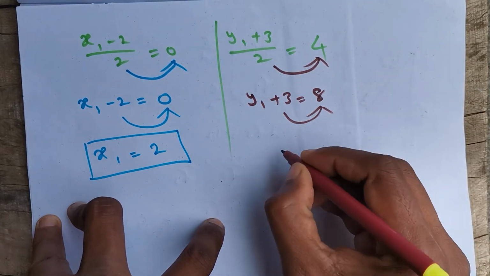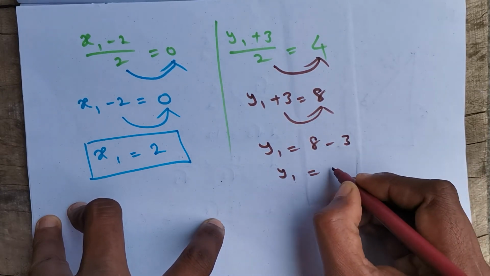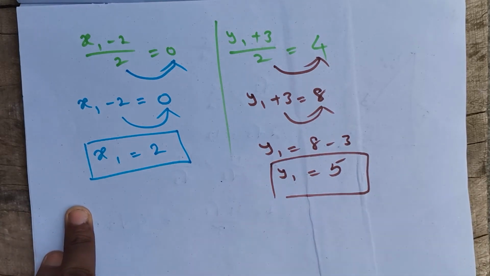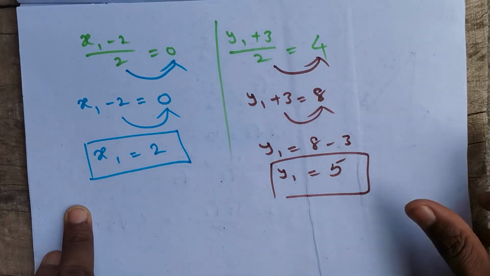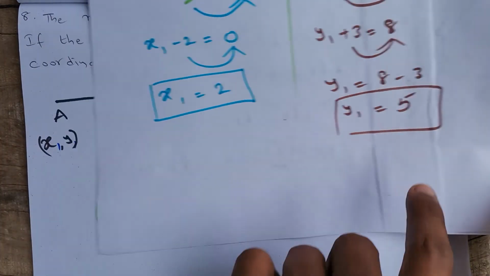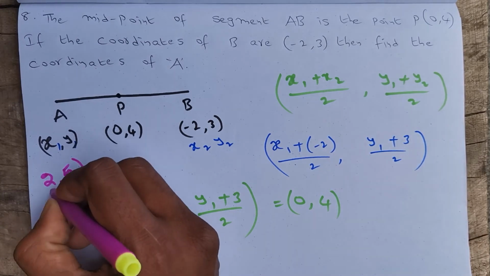Plus 3 I will take to the right side, y1 is equal to 8 minus 3, then y1 is 5. x1 is 2, y1 is 5. So we want the A coordinate, that is x1 comma y1. x1 is 2, y1 is 5. So the coordinates of A are 2 comma 5.